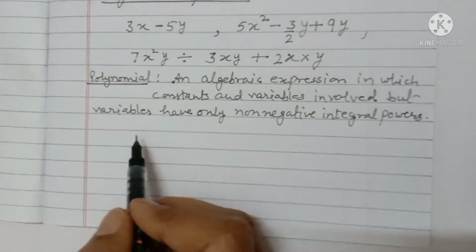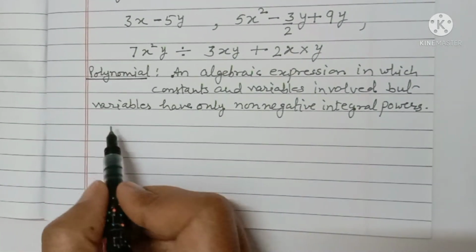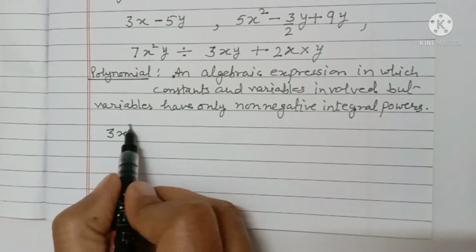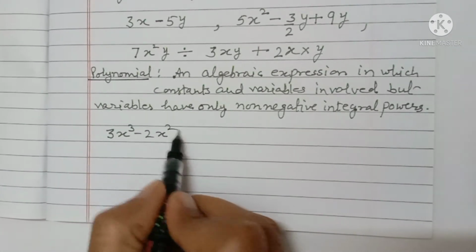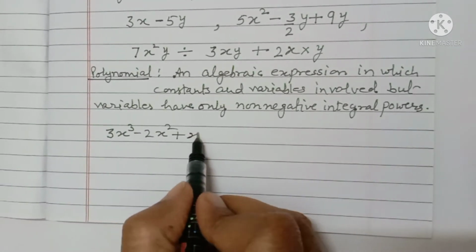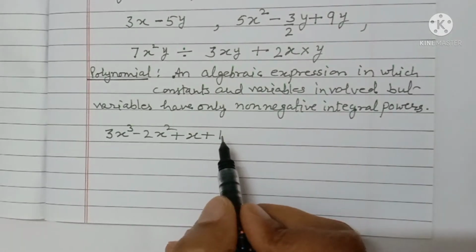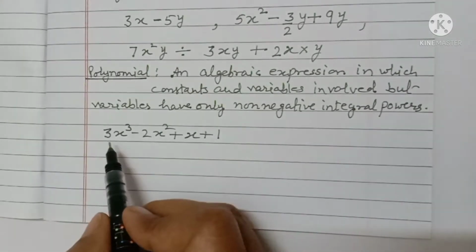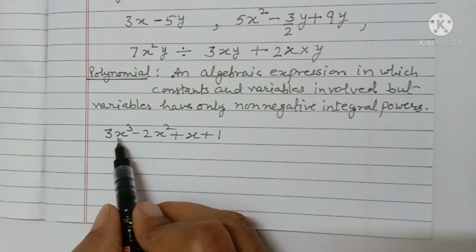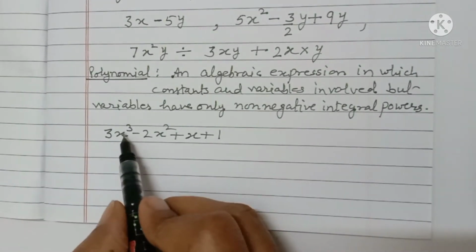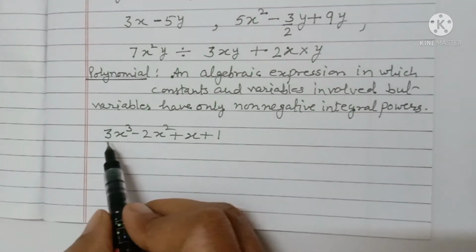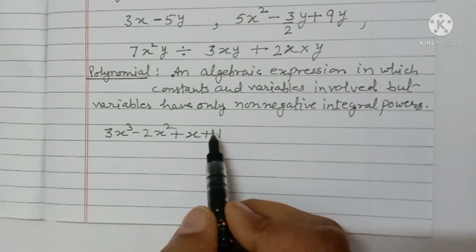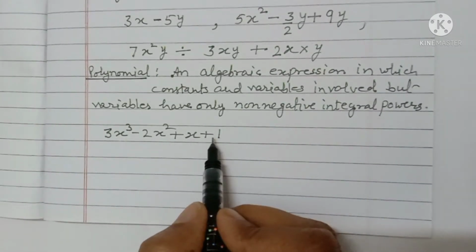First, suppose 3x cube minus 2x square plus x plus 1. In this, you are looking at only the variable x in this expression, and 3, 2, 1 are the constants. So this is an expression in one variable.